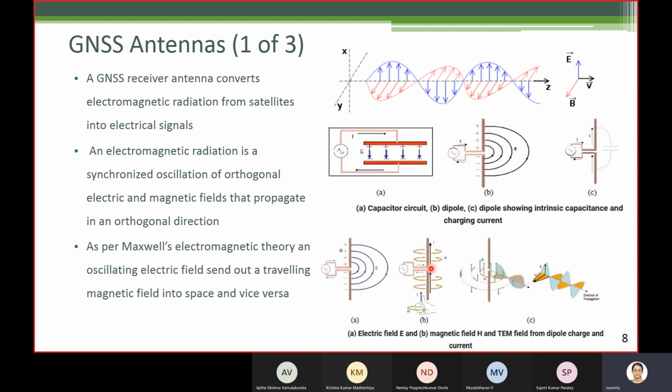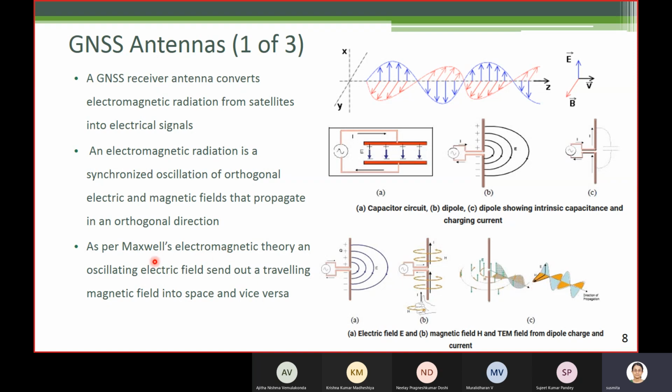So these disturbances propagate in space as electromagnetic radiation. The difference is that here you do not require any medium. In the case of water waves, you require water as a medium. Here you are propagating this disturbance as waves without any medium. This is how nature has designed it.